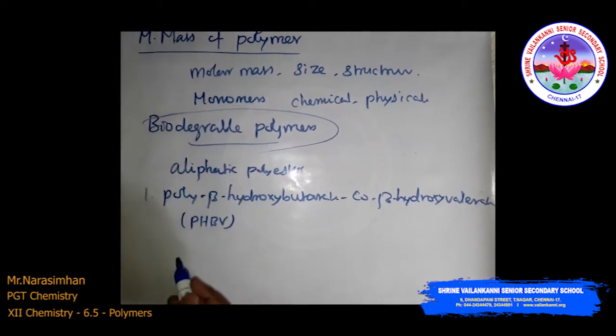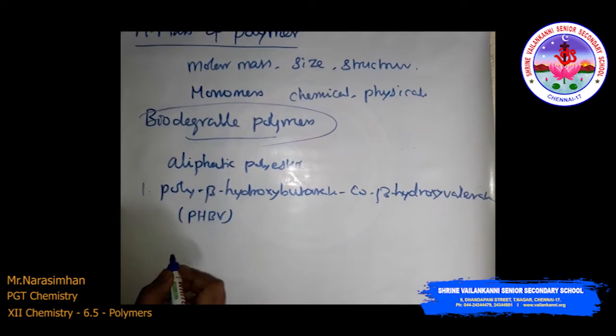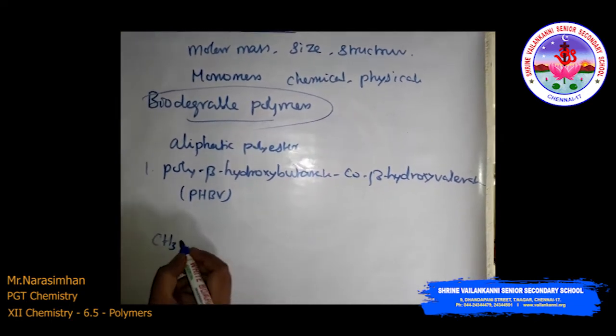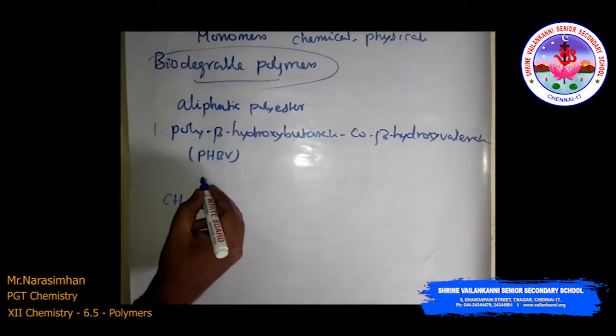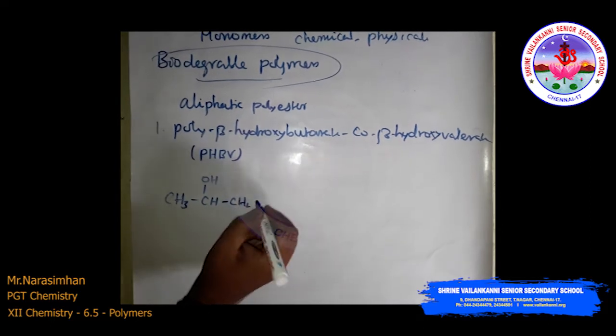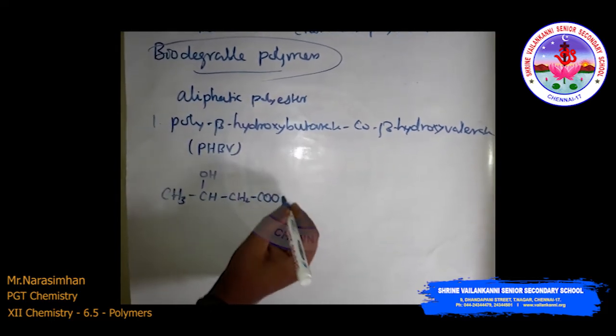For the preparation, we will see 3-hydroxybutanoic acid. The structure is like this: CH3 CHOH CH2 COOH.